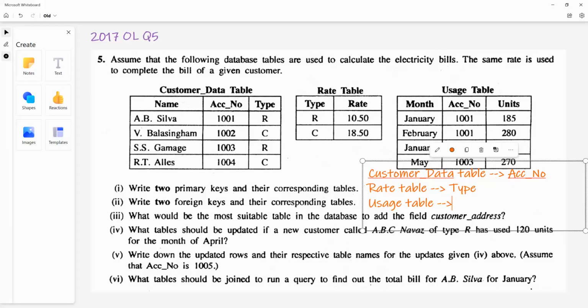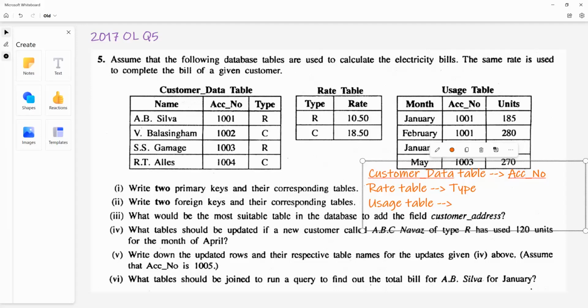It's a composite key. We don't say primary key, we say composite key. So a composite key means the primary key has more than one field. So for the usage table, we need a composite key.